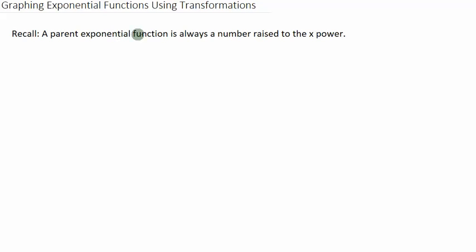So a parent exponential function is always a number raised to the x power, like 2 to the x, 3 to the x, 1/4 to the x, maybe even e to the x, some number to the x power. Okay, so let's see an example of a transformed parent function.